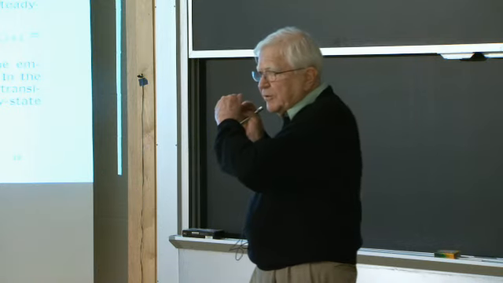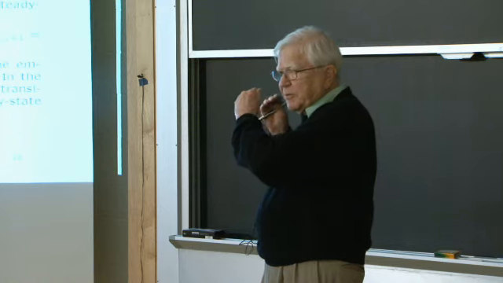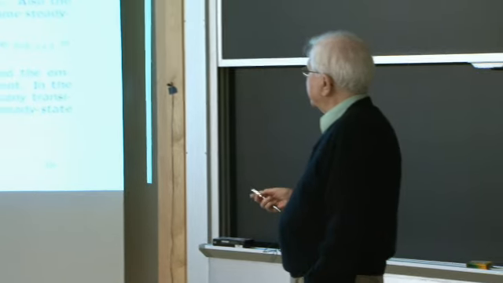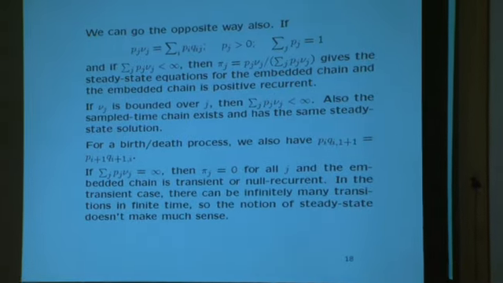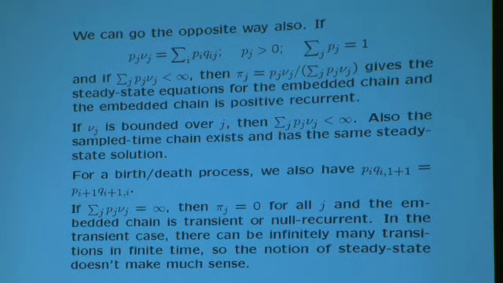This says that if you can solve that virtually identical set of equations for the process, and you get a solution, and the sum here is finite, then in fact you can go back the other way.